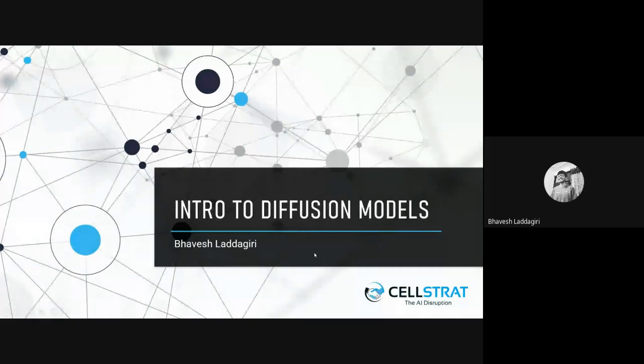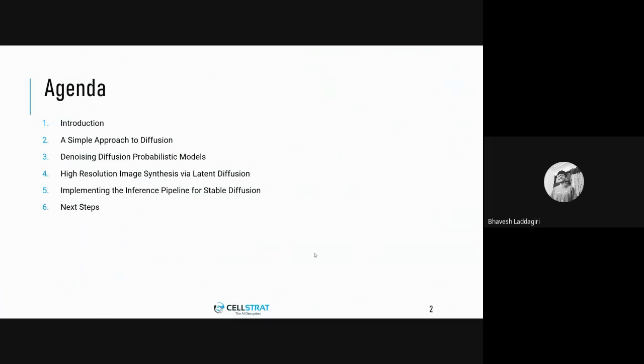Okay. So this workshop is basically going to be an introduction to diffusion models, and specifically stable diffusion. We'll be doing a bit of stable diffusion today. We'll start with a basic introduction on what a diffusion model is, if you're not familiar with the basics. We'll walk through a simple, first principles approach to diffusion, and then we'll look at the denoising diffusion probabilistic model.